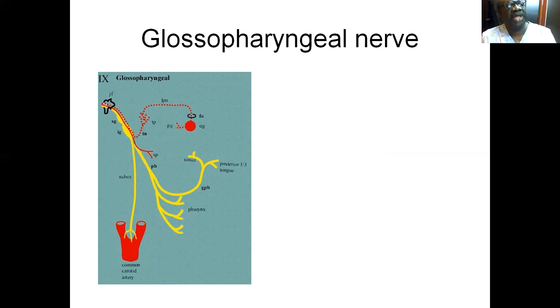I call it hitchhiking onto the parotid gland via the otic ganglion. So it doesn't go to the parotid gland directly, as you can see in the dotted reds. It goes to the otic ganglion first and then goes to the parotid gland.